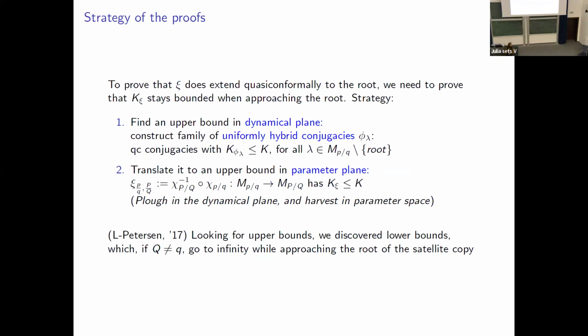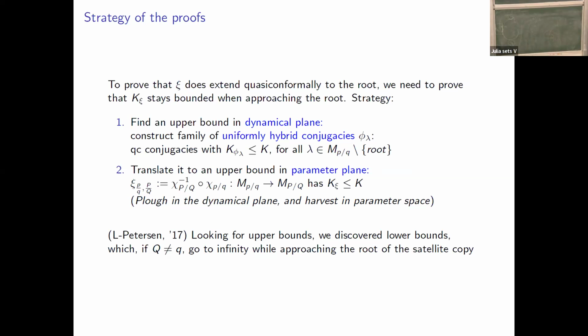So what's the idea? Construct a family of uniformly hybrid conjugacies between corresponding quadratic-like maps. What does it mean? If I'm going between quadratic-like restrictions, I know that the restrictions are hybrid equivalent because they are both hybrid equivalent to the same quadratic polynomials.